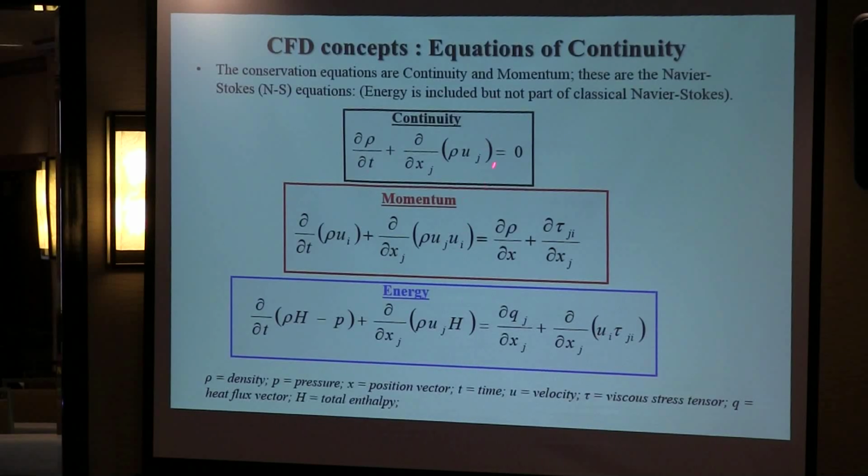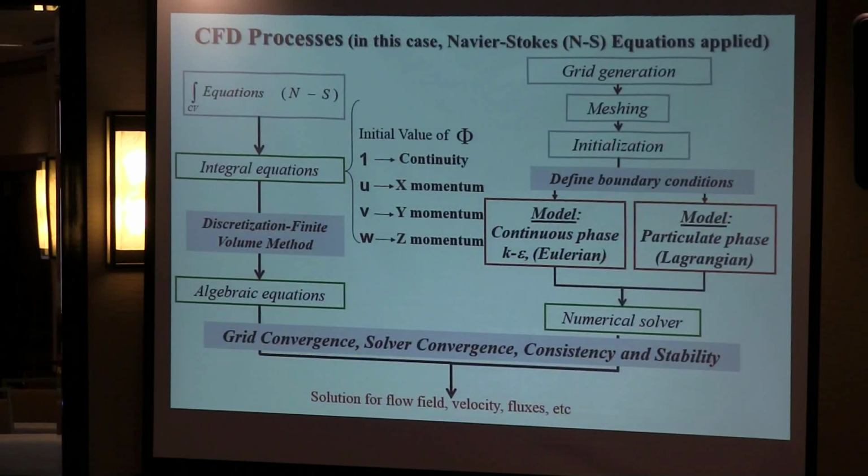Basically, all we're doing is solving the continuity and momentum equations, part of the classical Navier-Stokes equations. What's unique for what we're doing is we're doing this in two phases. Classically, this is done with the continuous phase, say, for example, in a Eulerian frame of reference using a K-epsilon turbulence model.